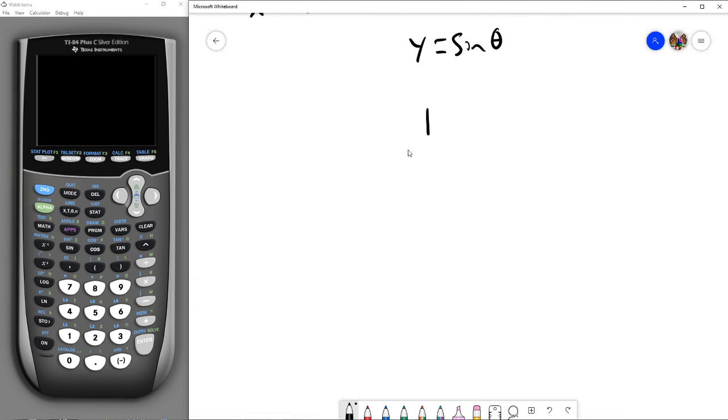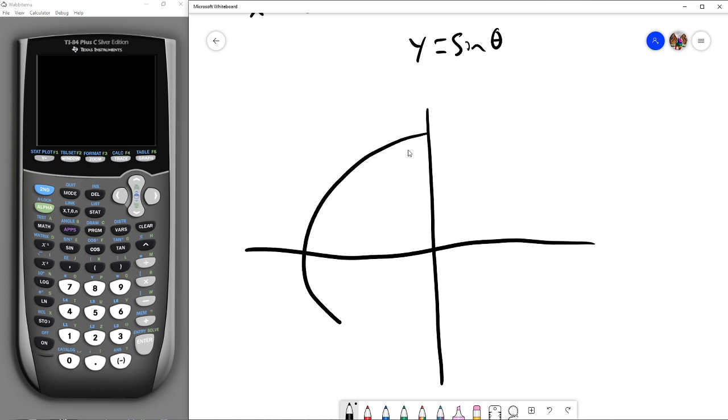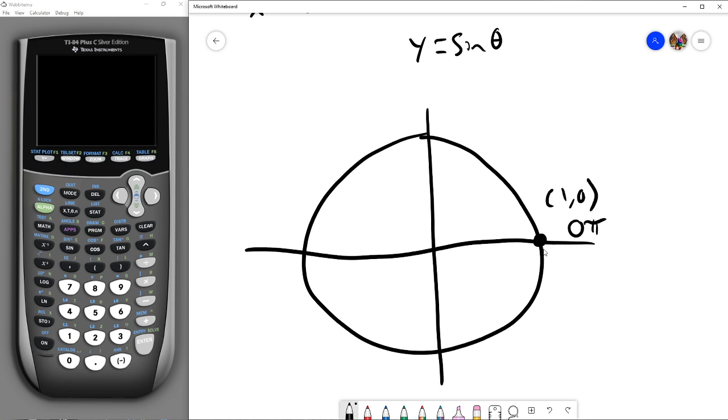Now, we can start defining values. So, here's our unit circle. We know the radius is 1, and we know that right here, since we start on the positive x-axis, this is 0 pi, or just 0. And we know the point for this is 1 comma 0.